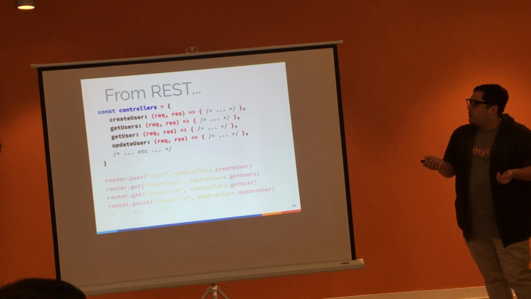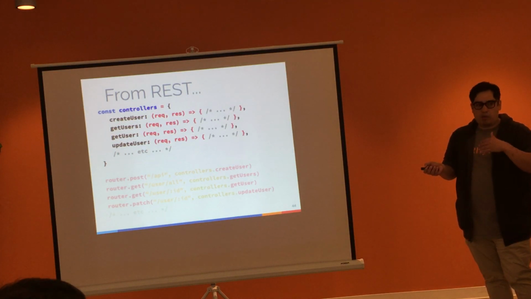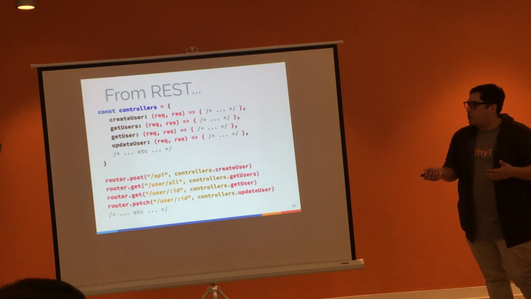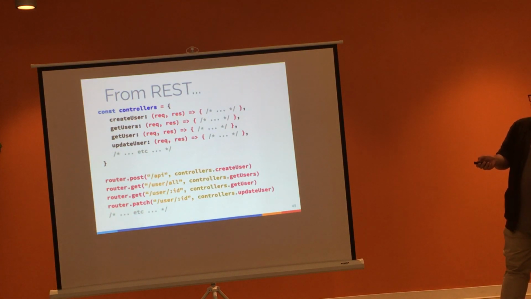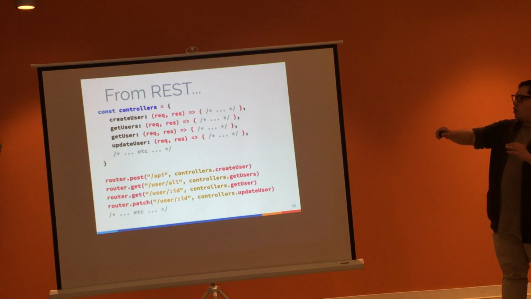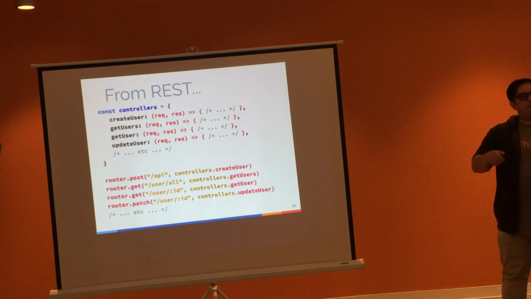We write out business logic to create a user, get a user, get multiple users, update them, delete them, whatever. And then we write individual routes that say every time we're doing a get request, get a user. Every time we're making a patch request, update the user. We're writing code multiple times imperatively over the type of request that we're making.